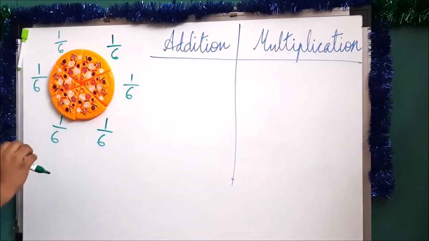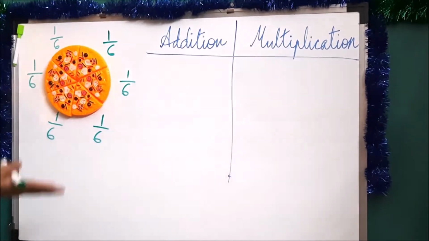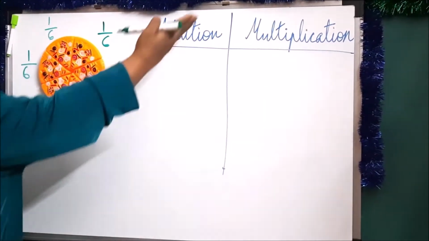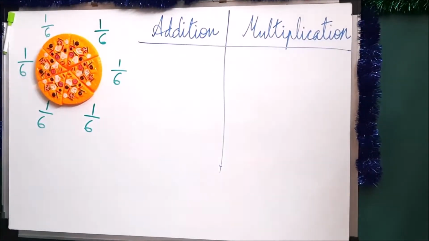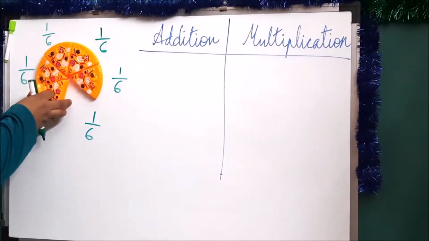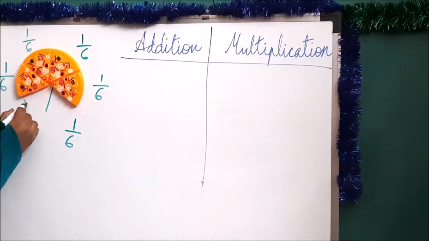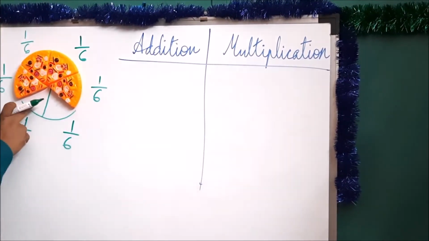Correct? Right now what we are going to do is see how we can write a fraction in addition form and in multiplication form. So for example, I removed 2 pieces away. We had 6 pieces, right? These 2 are missing.